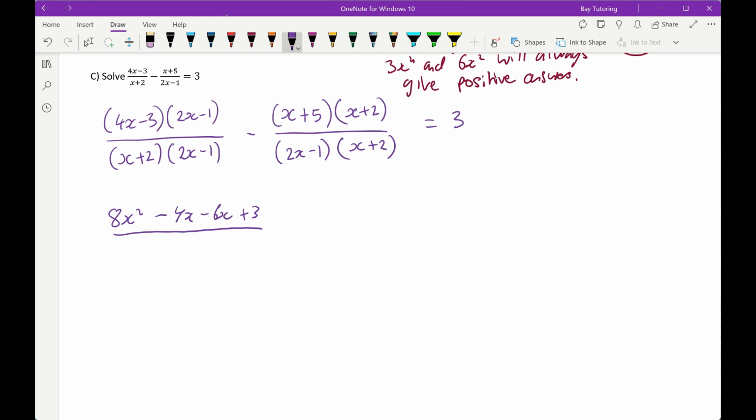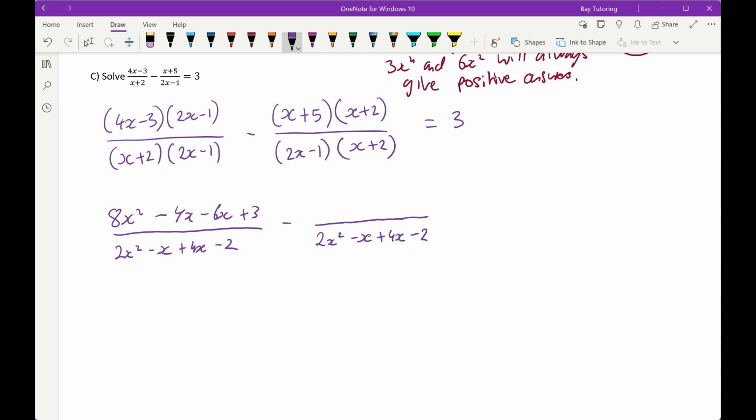At the bottom, x times 2x is 2x squared. X times negative 1 is negative x. 2 times 2x is 4x. 2 times negative 1 is minus 2. Now for the other one, because the denominators are the same, they will expand to the same thing.